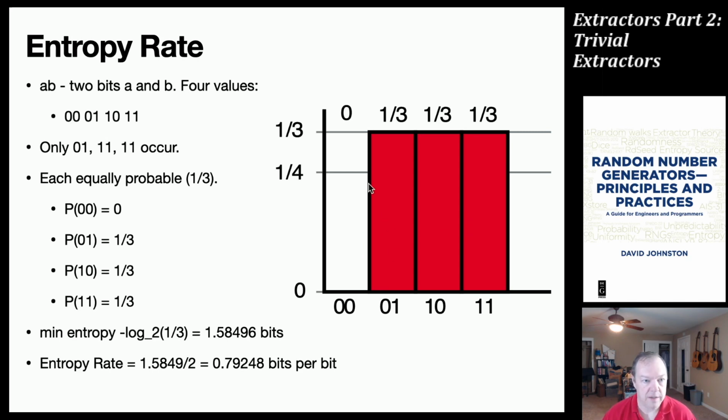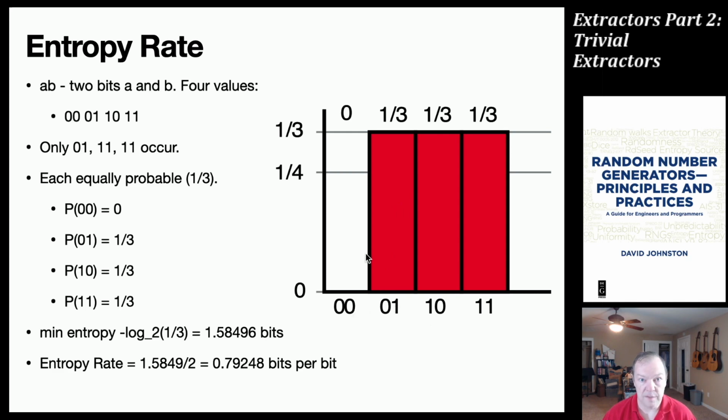We're looking at the definition of entropy rate now, just because we'll be using it. We've talked about it a bit before, but we've got an example here of a non-uniform distribution. We have 4 symbols: 00, 01, 10, and 11.